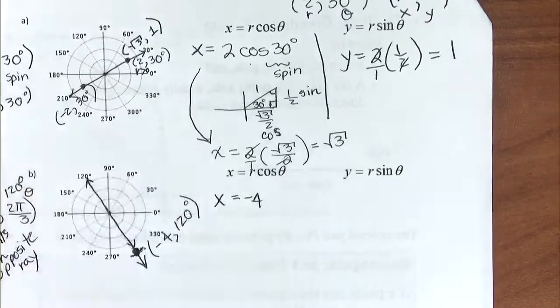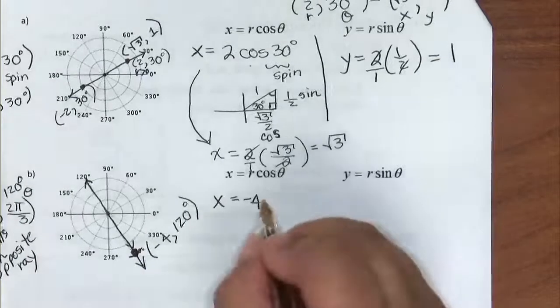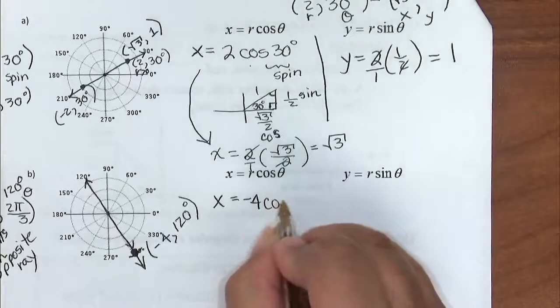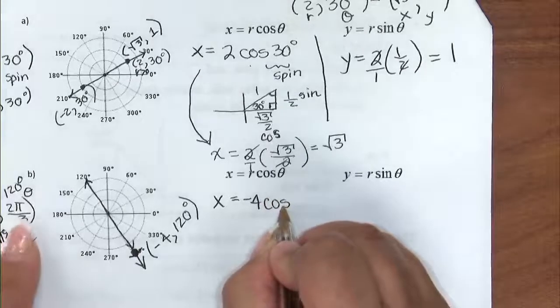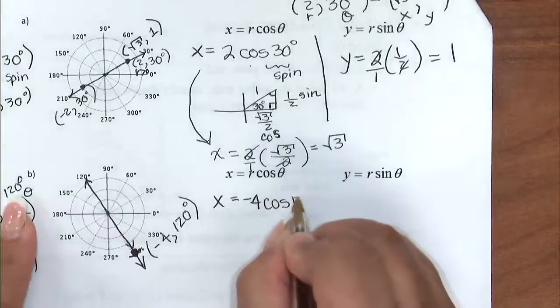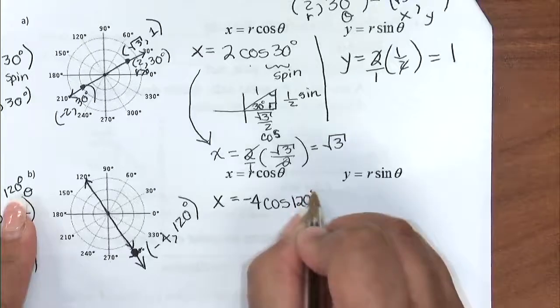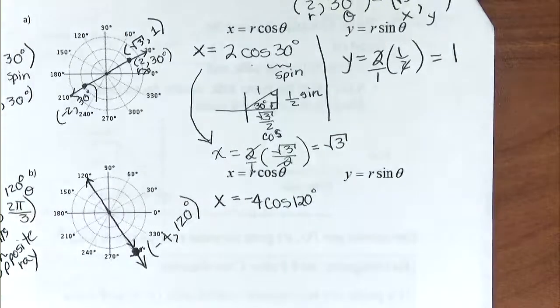And I don't care if you put it in degree form or radian form, but sometimes my math lab wants it a certain way. So you're going to go cosine of the theta value, which we decided was 120 degrees. It definitely doesn't matter if you put it in degrees, because you're not giving me an answer in degrees or radians anyway. So use whichever you're more comfortable with in order to do the calculation.